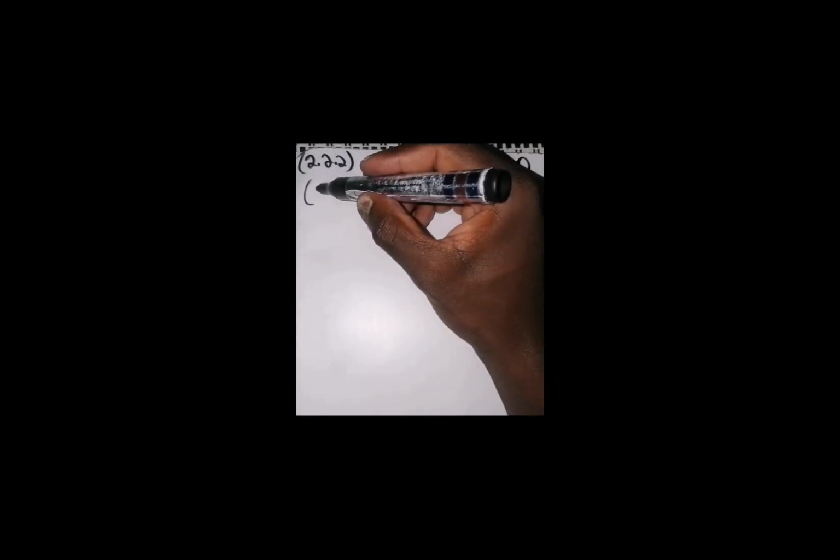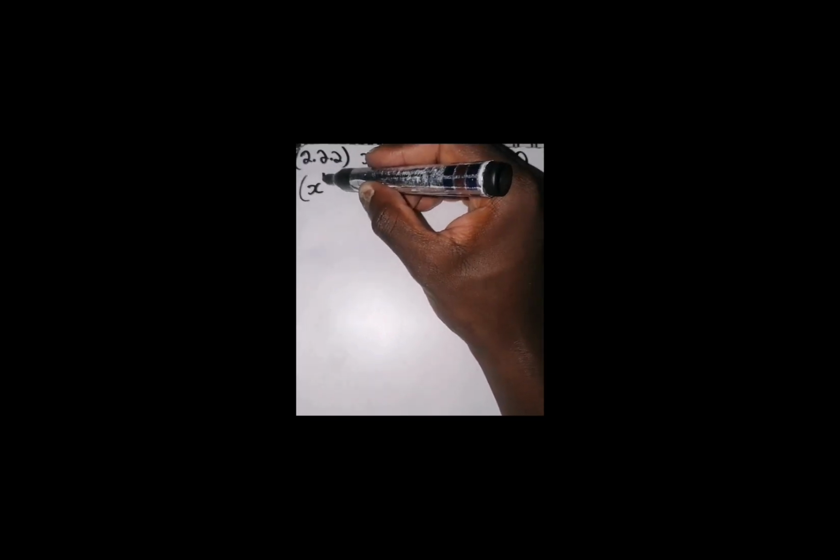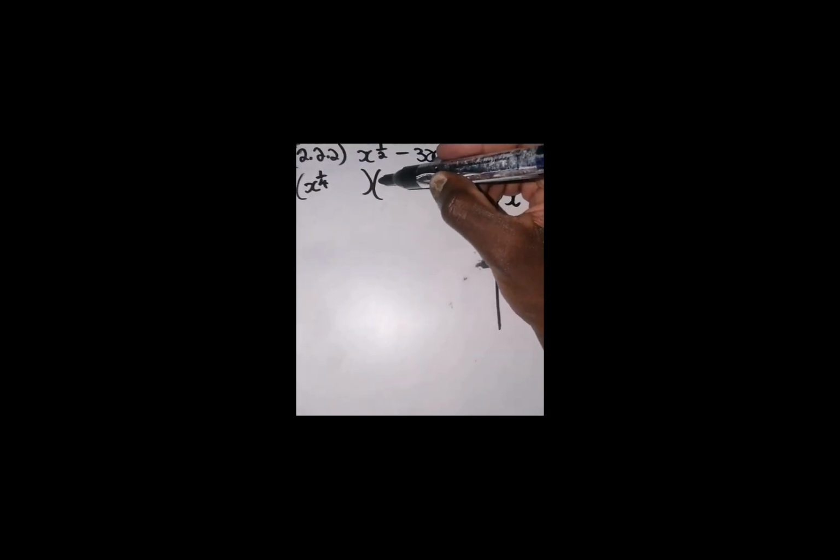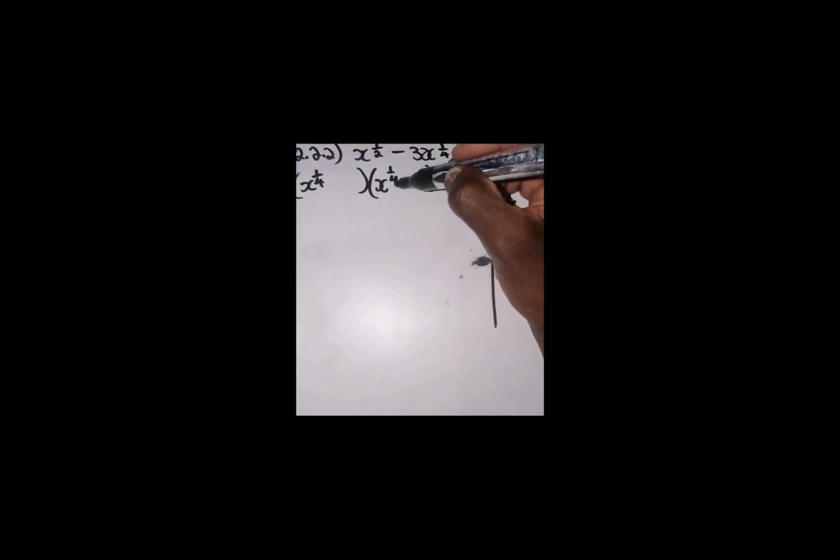So you'll open two brackets for factorizing, which are equated to 0, x to 1 over 4, and this side x to the exponent of 1 over 4. Now you look for two numbers: when you multiply them you get 10, and when you add or subtract them you get 3. Now you should consider the signs when you're doing so.